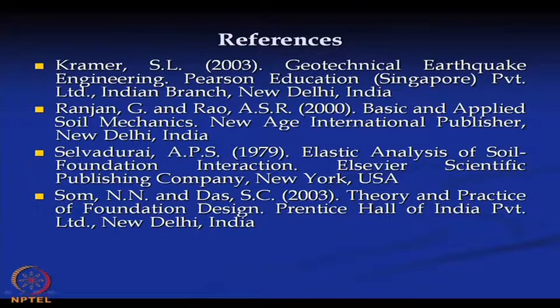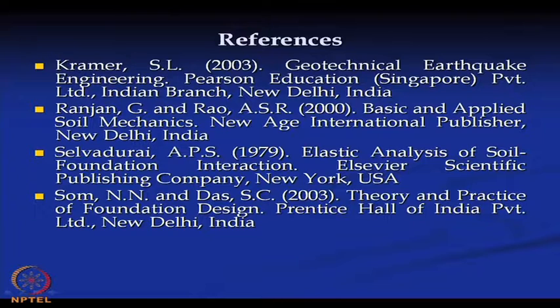Then the Kramer book for the geotechnical earthquake engineering part, because some part of the earthquake engineering design, or design of the retaining wall under earthquake seismic condition, will also be discussed in this course. So, for that part the reference book is Kramer 2003. Then Ranjan and Rao, Basic and Applied Soil Mechanics, 2000.